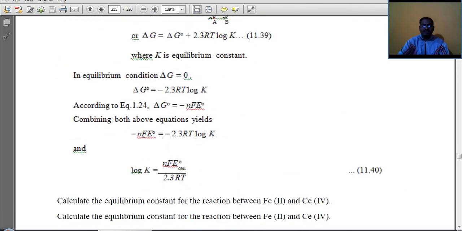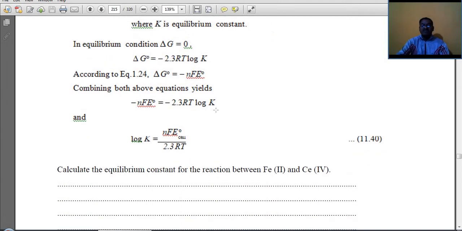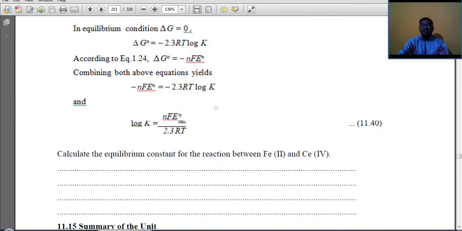For the equilibrium constant, delta G0 is equal to minus 2.3 RT log K. Delta G is equal to minus nFE0. Combining both equations yields minus nFE0 is equal to minus 2.3 RT log K. So log K is equal to nFE0 by 2.3 RT.